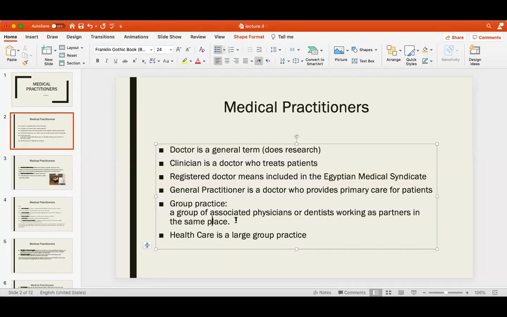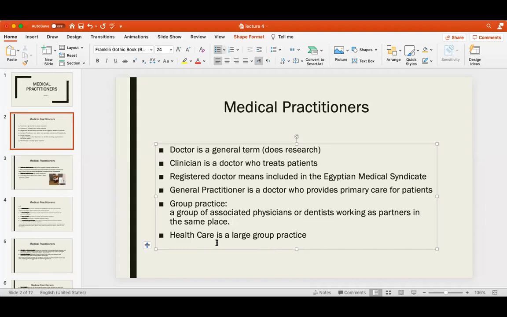So a group practice is a group of associated physicians or dentists, so doctors from different fields, working as partners in the same place. This place is called a group practice. A large group practice is called a health care centre.